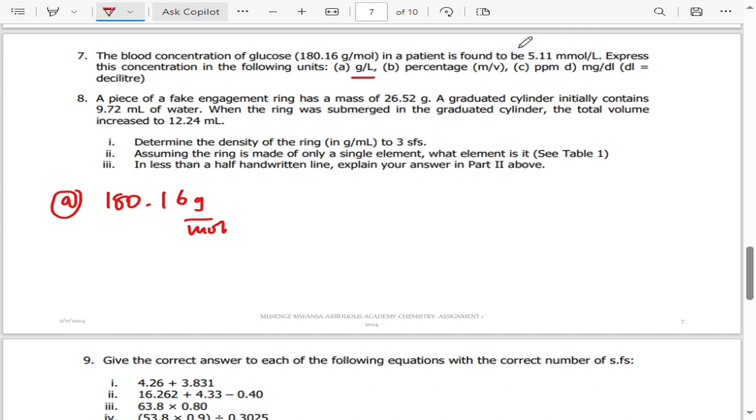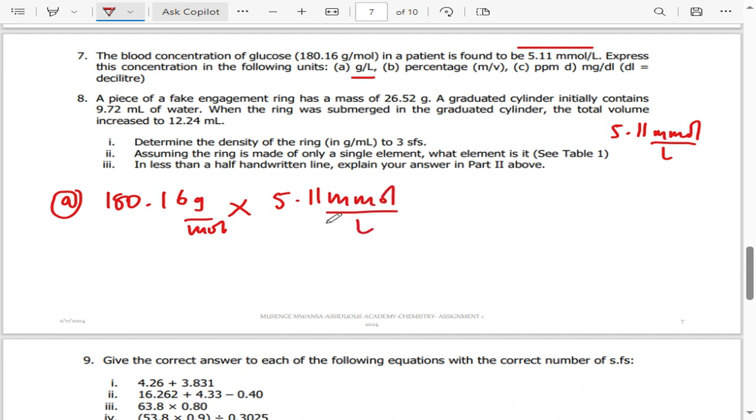But also we have found out that the concentration is actually 5.11 millimoles per liter. So what am I going to do here? I'm just going to multiply these two numbers. That is 5.11 millimoles per liter.